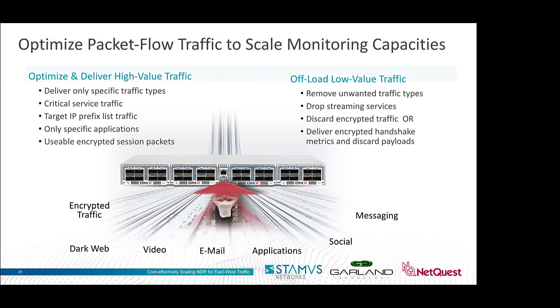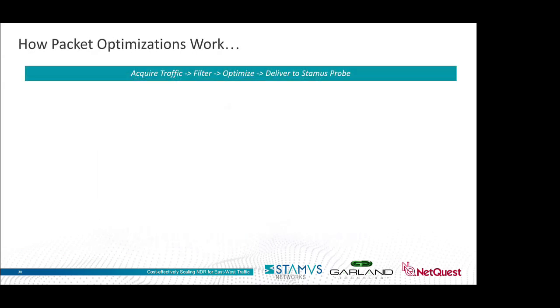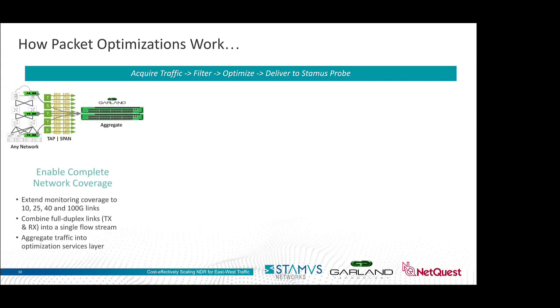Next. So what we want to do is really think about how do we optimize this traffic. First stage is you've got to build the visibility infrastructure, and that's where the Garland architecture, from the tap side to the aggregation layer, smart taps, being able to do active tapping for security and inline requirements, gives you your core accessibility to all of this traffic.